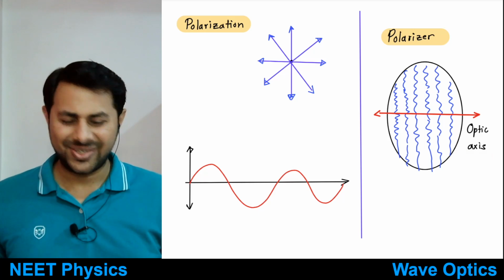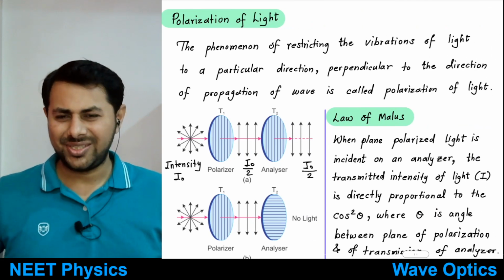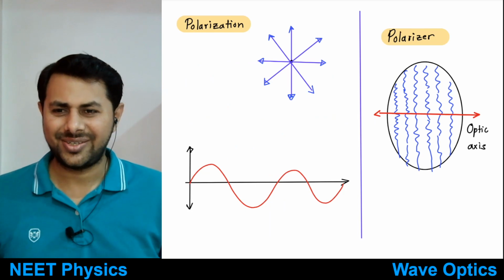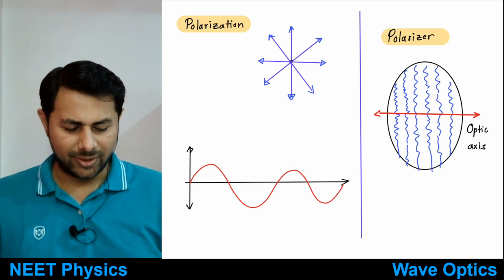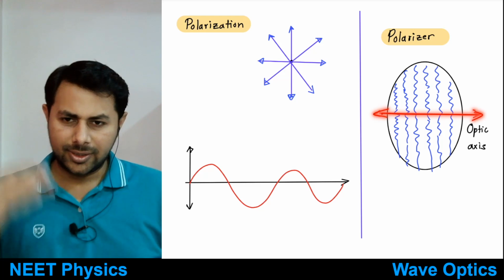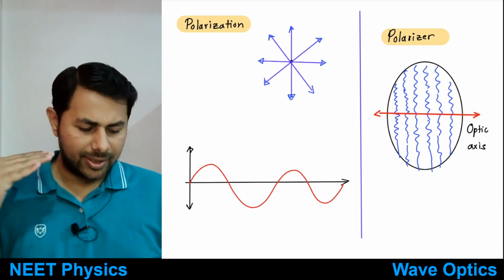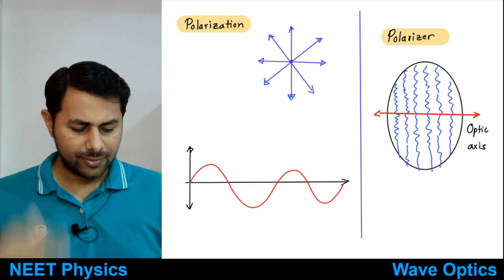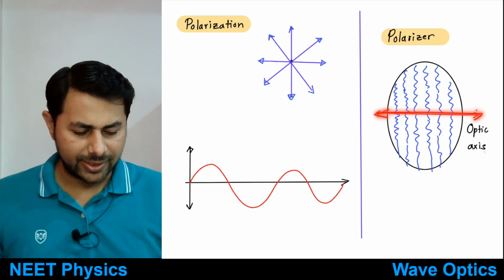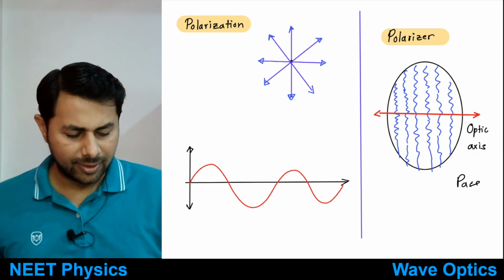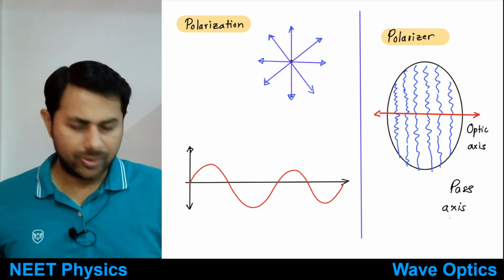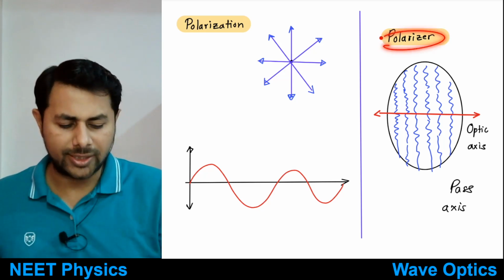Which kind of molecules those are, you can search on Google. So this is polarization. Is this clear? Okay, so this direction along which the electric field can pass is known as the optic axis, or it is also known as the pass axis of the Polaroid or polarizer.